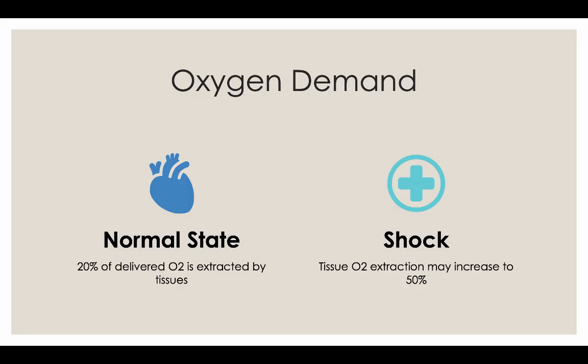As we get above those delivery states, so above those 20-30%, in shock, our tissue oxygen extraction is going to go 20, 30, 40, 50, 60%. So we're going to see our SvO2s drop dramatically in shocky states.